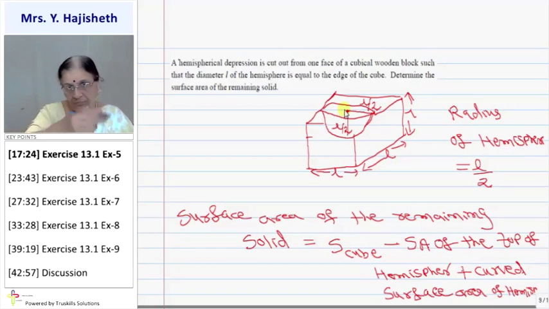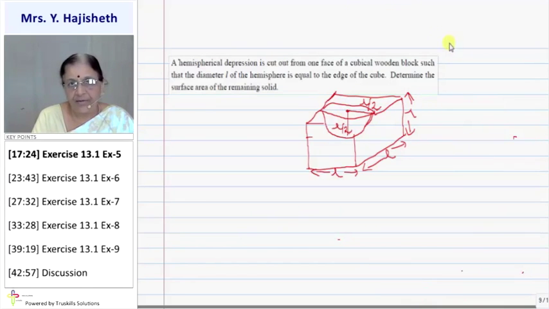Depression means inward. We are making a hemisphere. So the radius of the hemisphere I consider as L by 2. L is the edge of the cube. So naturally, see, the figure will be like this. Let me rub this figure.